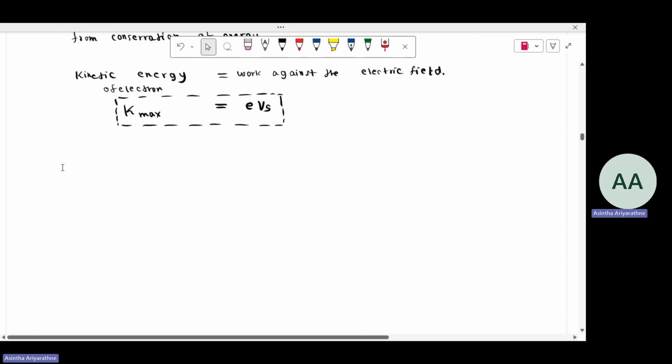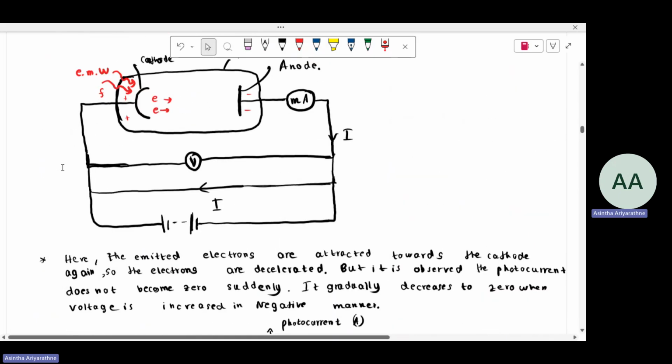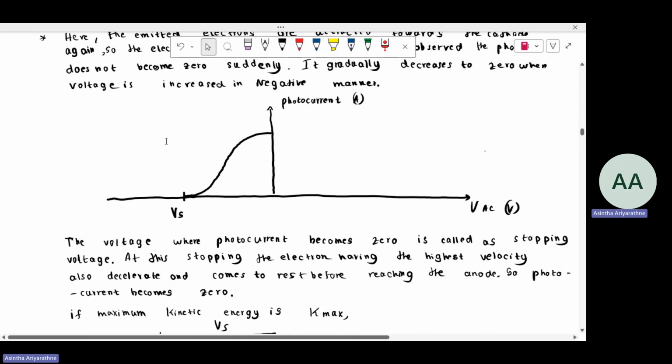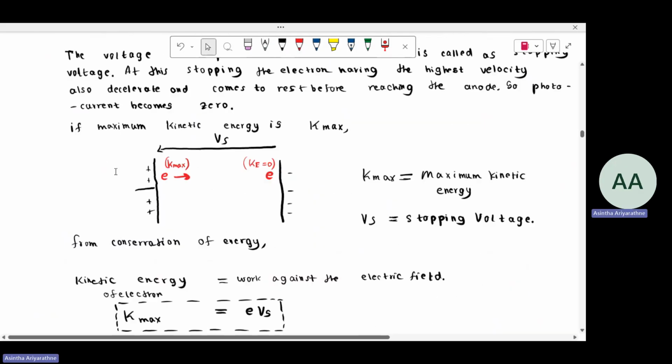Right, so some observations from the above. First of all, when these two graphs are combined, we can draw a total graph of the photocell under positive and negative voltage differences.